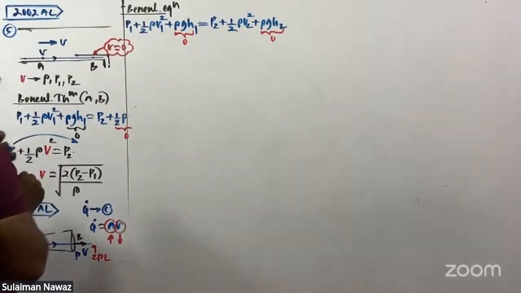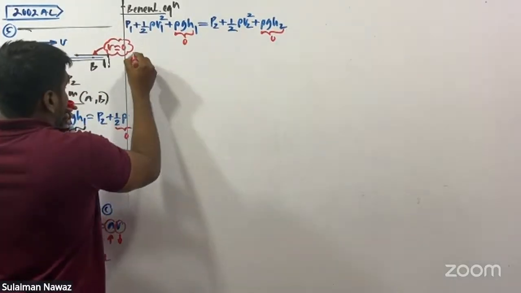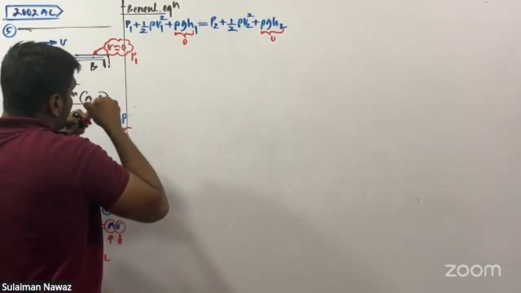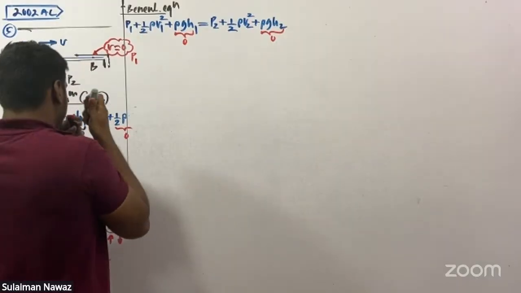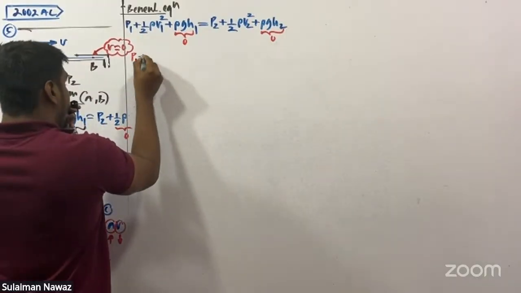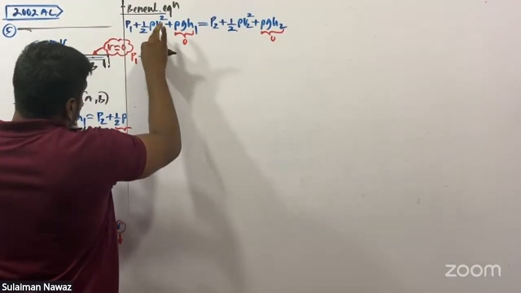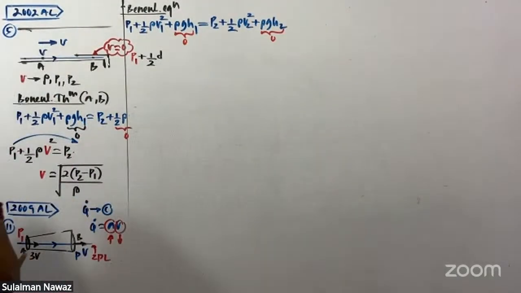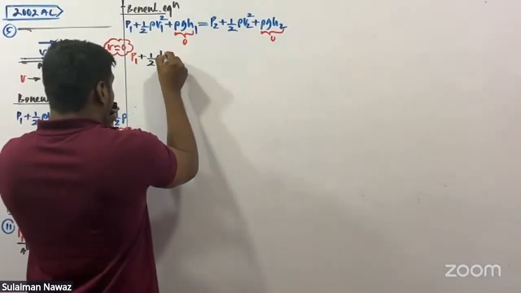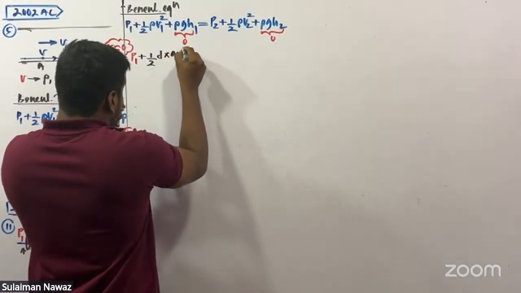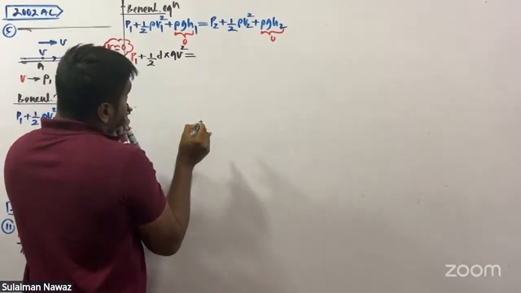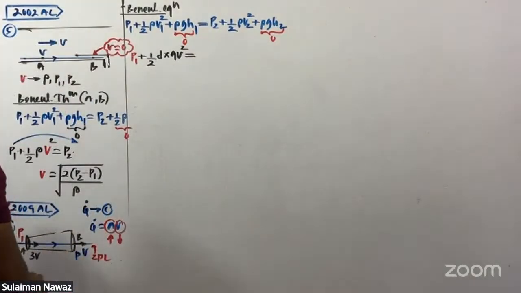My target is finding P1 plus, density of the fluid they have given us D, velocity at point capital A is 3V, 3V squared is 9V squared, must be equal to the pressure at point capital B, which is going to be capital P.